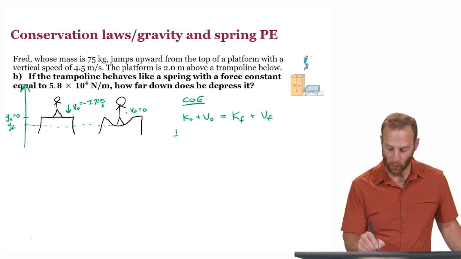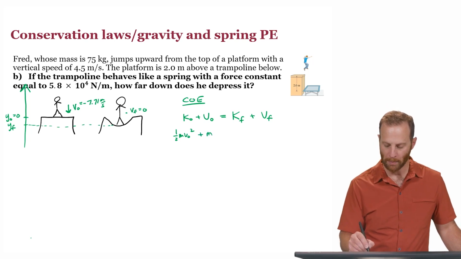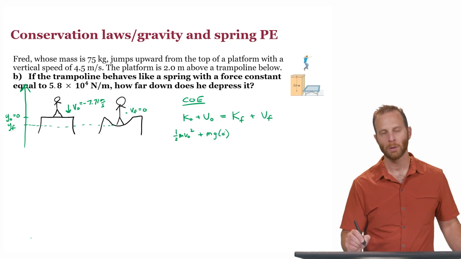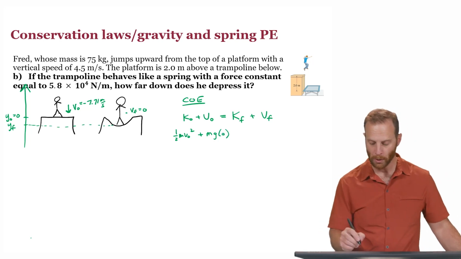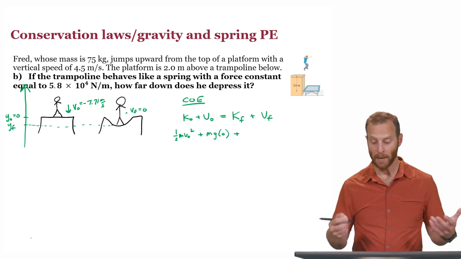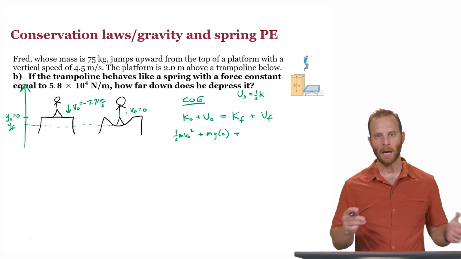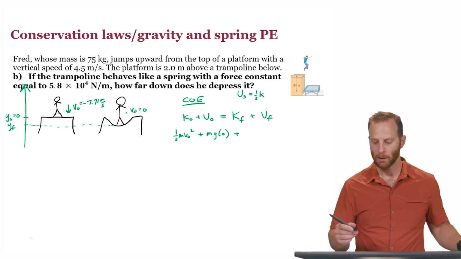Kinetic energy at the beginning, 1/2 m v naught squared. The gravitational potential energy at the beginning is m times g times 0, so that term will be 0, plus the spring potential energy. Because we have a trampoline that behaves like a spring, let's remind ourselves that the spring potential energy formula looks like this: 1/2 times the spring constant k times the displacement of the spring from equilibrium.